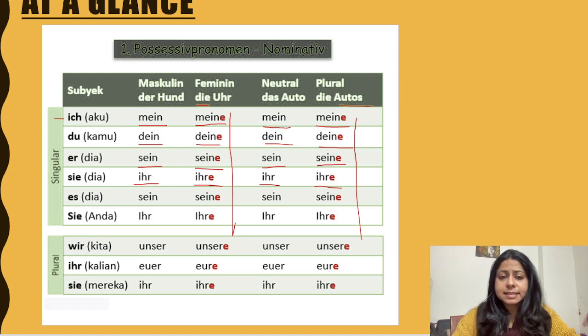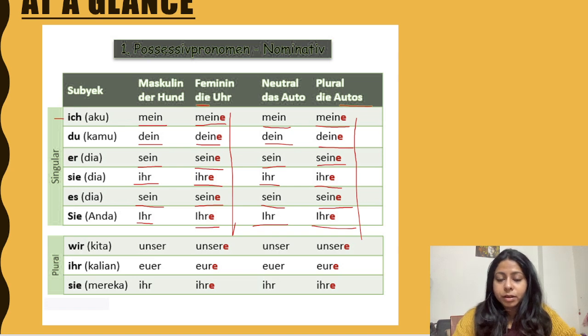Same way with es, the possessive pronoun is sein, so masculine would be sein, feminine would be seine, Neutrum would be sein, and plural would be seine. With sie, it would be ihr, ihre, ihr, and ihre.